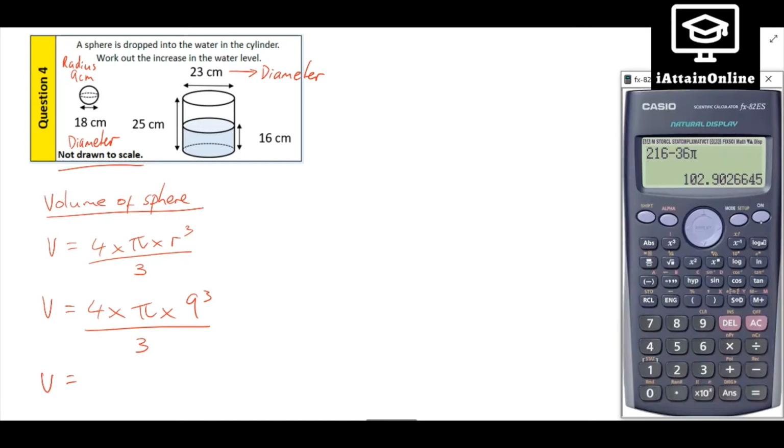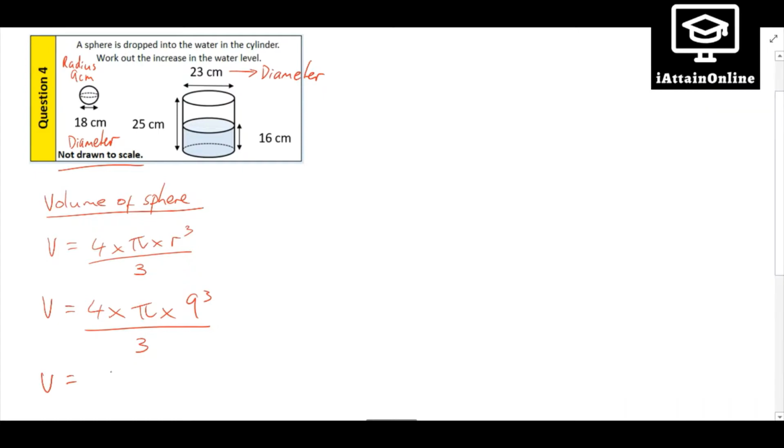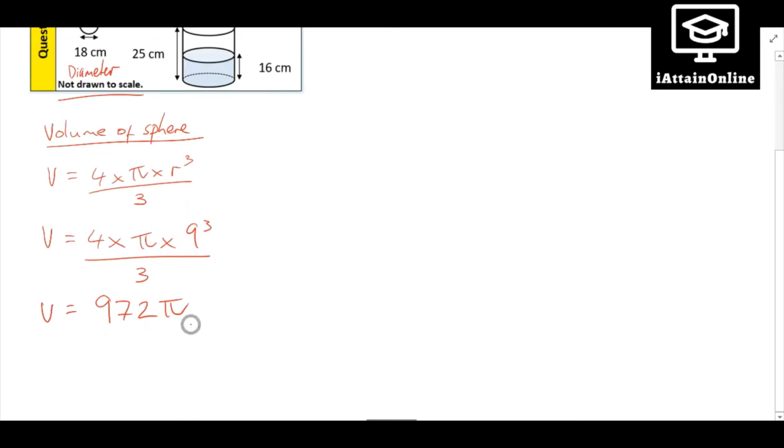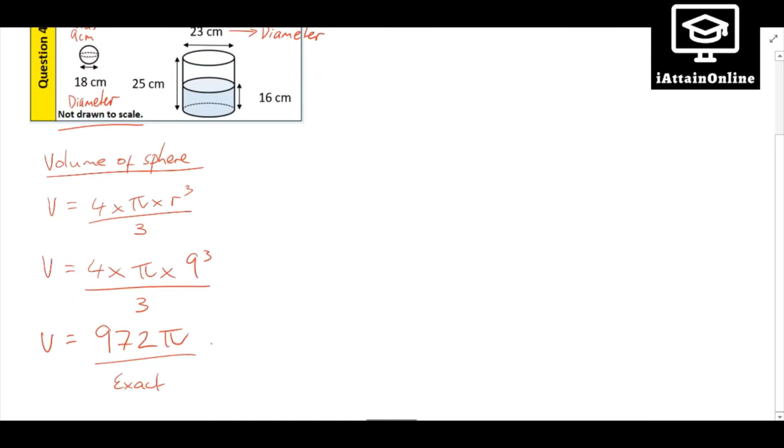If I were to put this into my calculator, I'm doing fraction 4 times pi times 9 cubed, and then I'm going to divide that by 3, press equals, 972 pi. Do not round this at the minute, leave it in, because remember this is exact. So that's going to be centimeters cubed. That's the volume of the sphere.